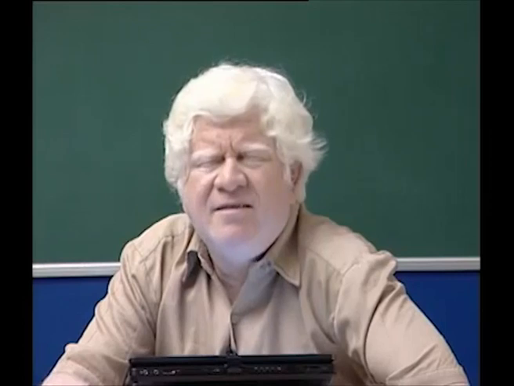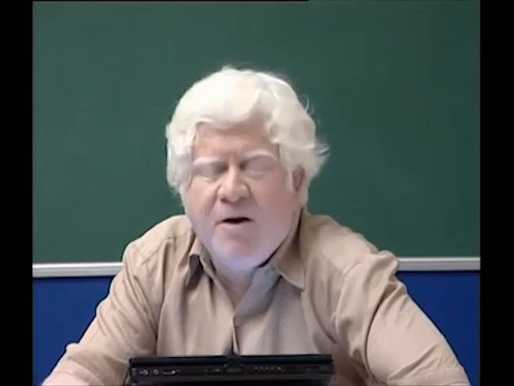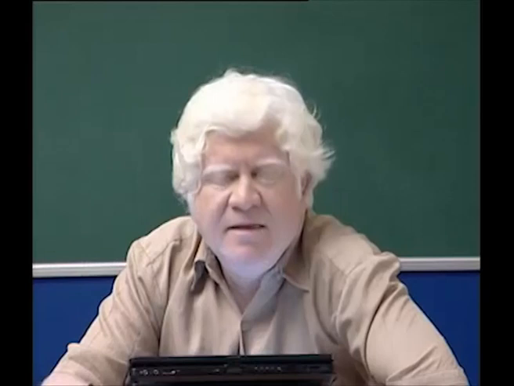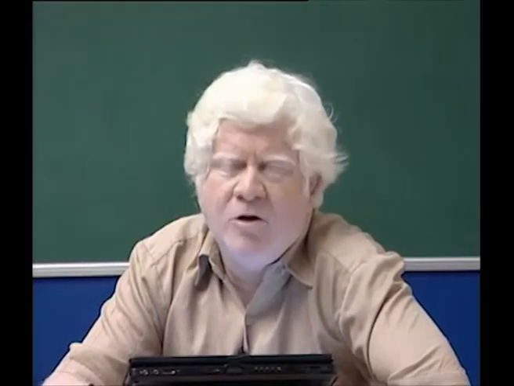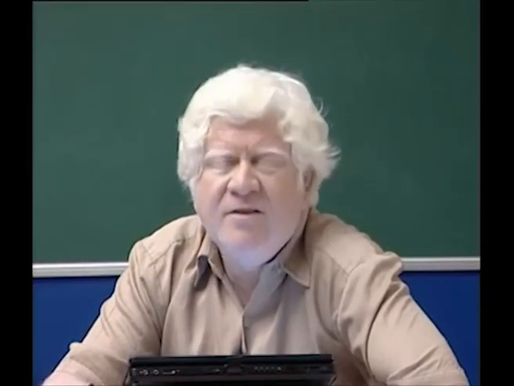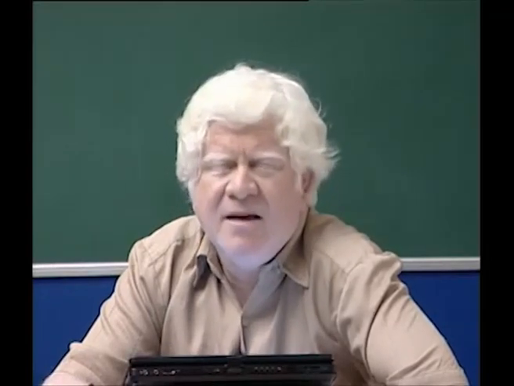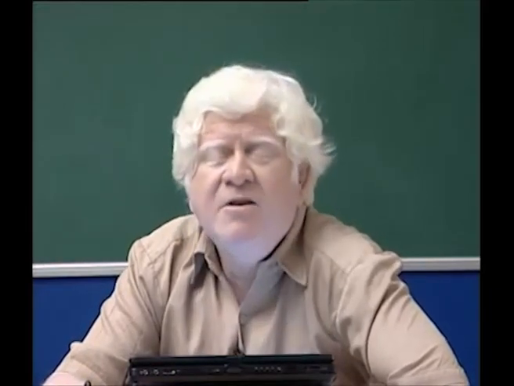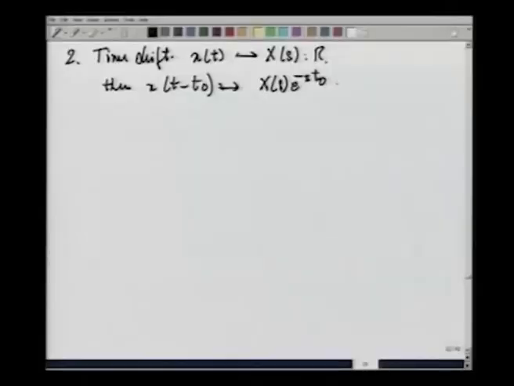Now, e to the minus s t naught for any finite s is a finite number, and so if xs is already finite, then e to the minus s t naught xs will also be finite. If xs is not finite, then e to the minus s t naught times xs will also not be finite. In short, multiplication by a finite valued function such as e to the minus s t naught will not at all affect the ROC. So, this still has an ROC equal to R.